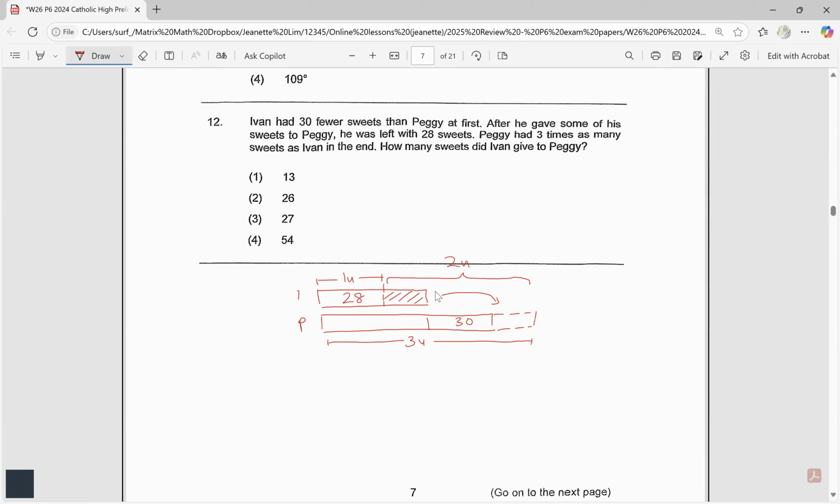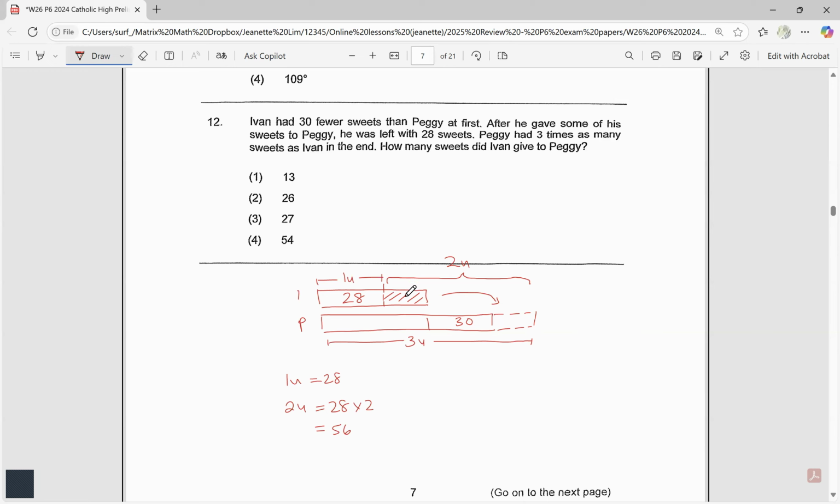So if 1 unit equals 28, that's 2 units because the total here is 3 units. Then you minus 1 unit. So the difference is 2 units. So to find 2 units, that's 28 times 2, 56. Now what is 56 made up of?